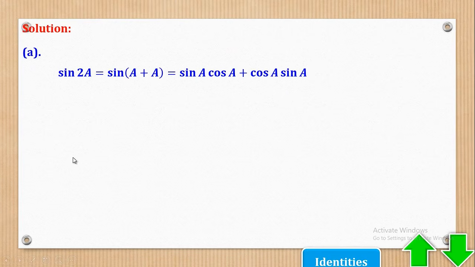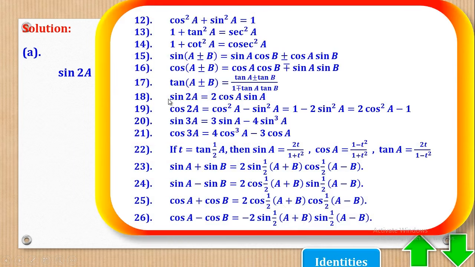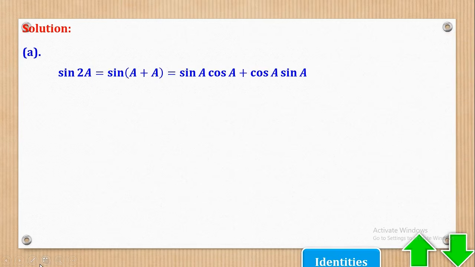In part A, we wanted you to expand sine 2a. So we should remember the identity of sine a plus b. Sine a plus b is equal to sine a cos b plus cos a sine b. But in this case, we have made b equal to a. That's why you see here sine a plus a.